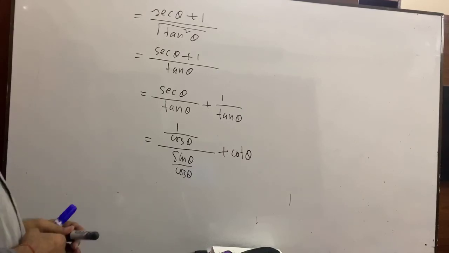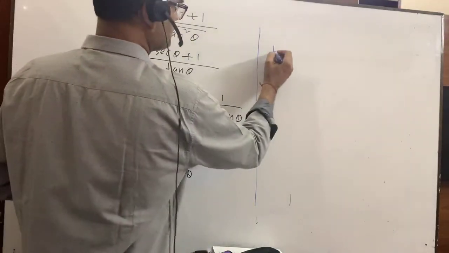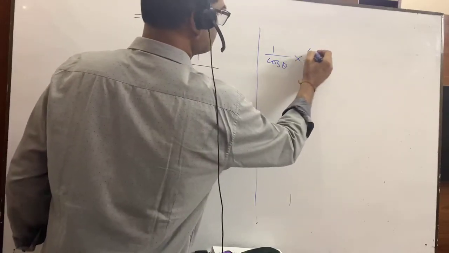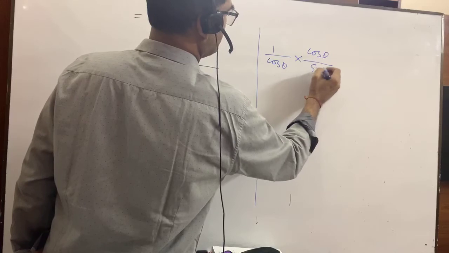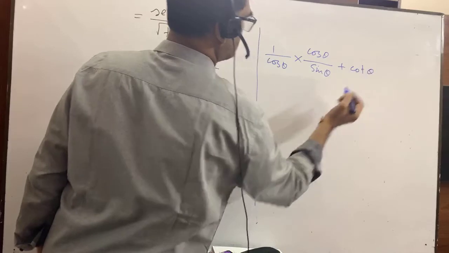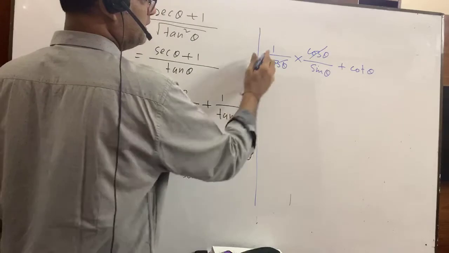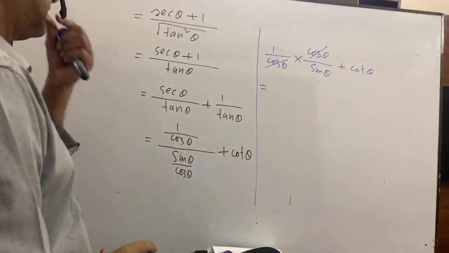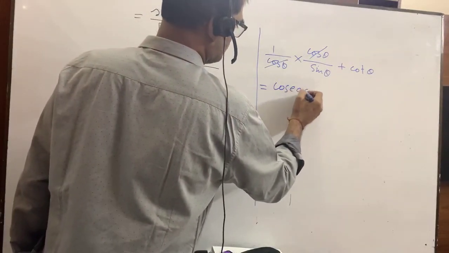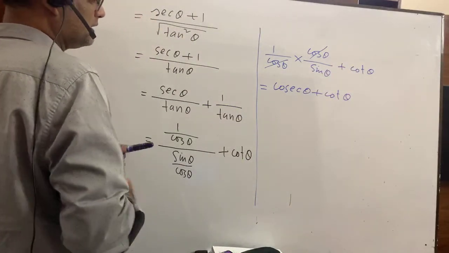Now here we can write, you see, 1 by cos theta into cos theta by sin theta plus cot theta, which is equal to, cos theta will be omitted, so we will be left with 1 by sin theta, and we know 1 by sin theta is equal to cosec theta plus cot theta, and we can name it 2.